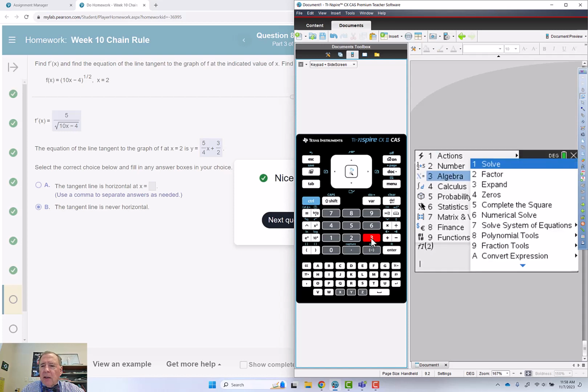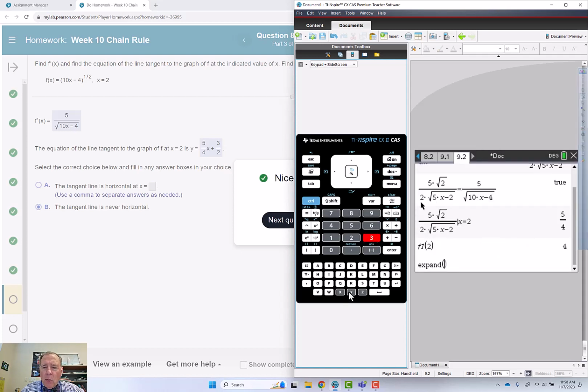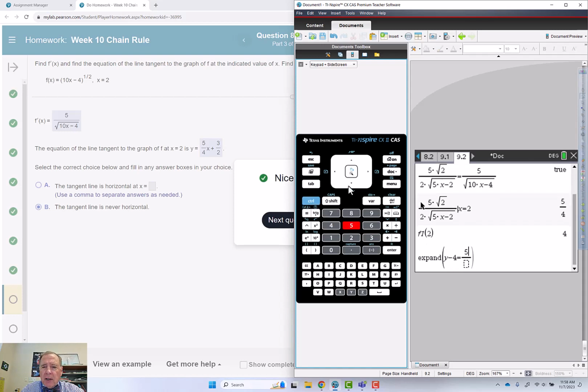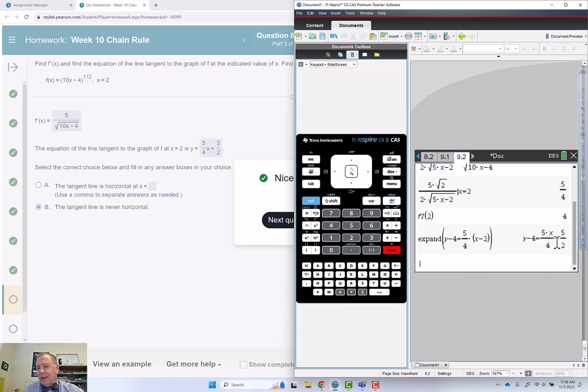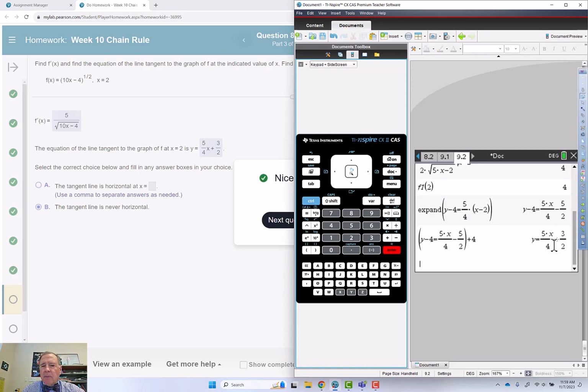Menu 3, y minus 4 equals control divide for fraction 5/4. Get out of the fraction, parenthesis x minus 2. And then the only thing I need to do now is add 4 to both sides, so plus 4. And there's my tangent line, just like it is here.